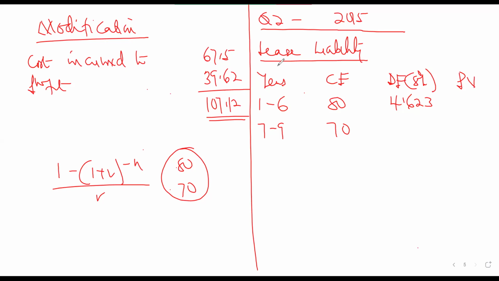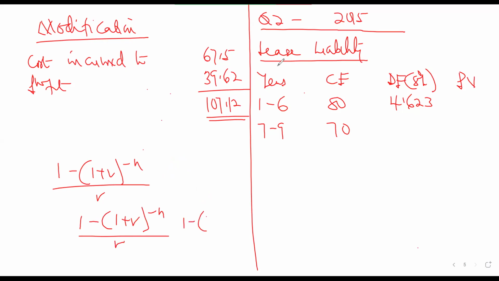So how do we determine the annuity factor over here? Very simple. What you do is to find the total annuity factor for the 9 years: 1 minus into bracket 1 plus R exponent negative N divided by the R. So you have 1 minus into bracket 1.08 exponent negative 9 divided by 0.08. Find the annuity factor as if you are doing this for 9 years.